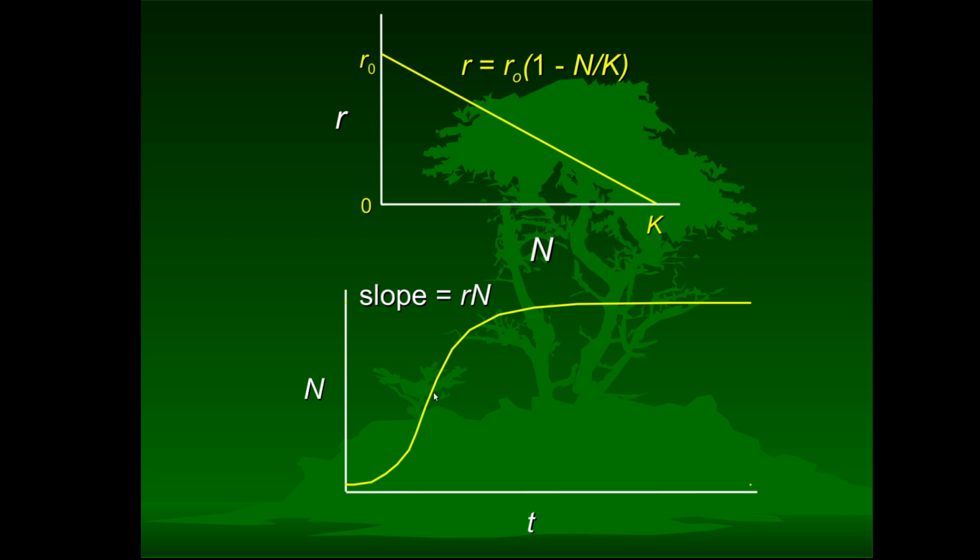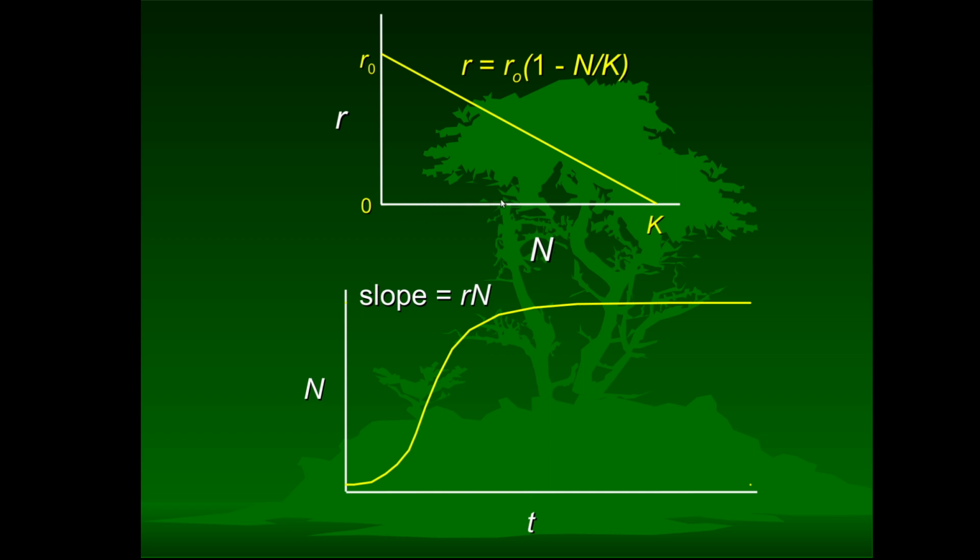Then the break-even point is reached right here, or the inflection point of this curve, and the slope starts to decrease again, and eventually an n is reached as n goes up here on the y-axis. Now we have t on the x-axis here.